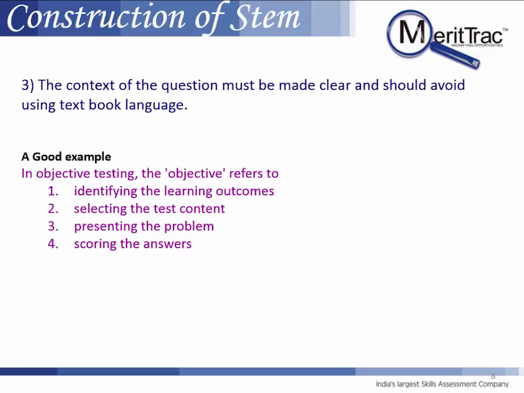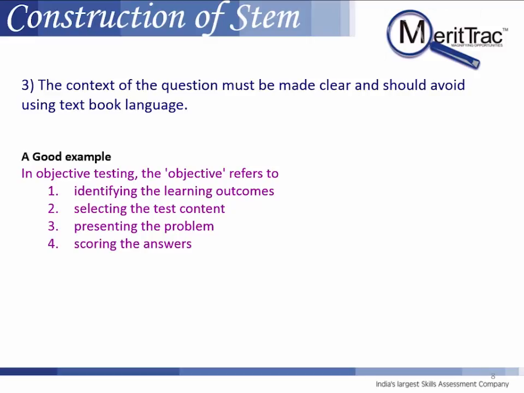But in an examination hall, maybe there are 100 or more questions being put across. It is impossible for somebody to assume what the context would be. So that is why it is very important that we mention the context for each and every item.